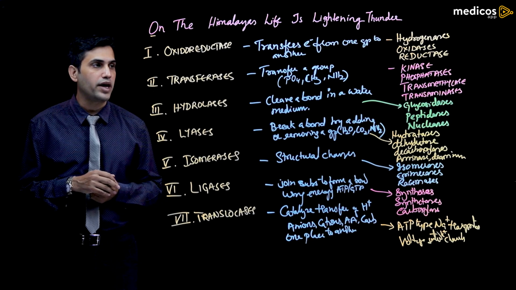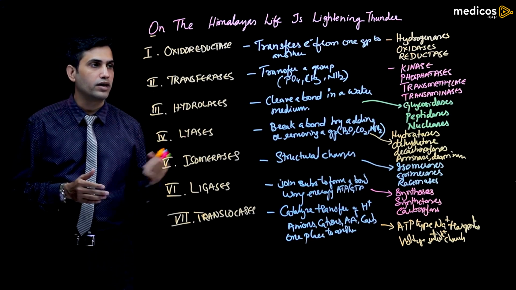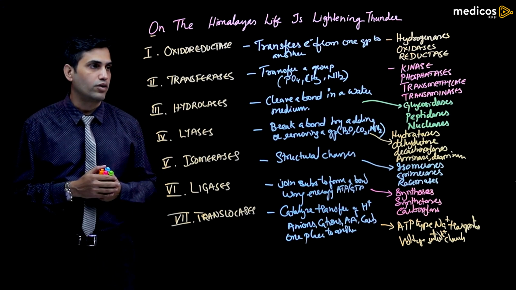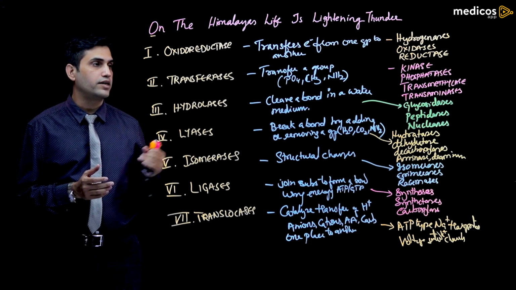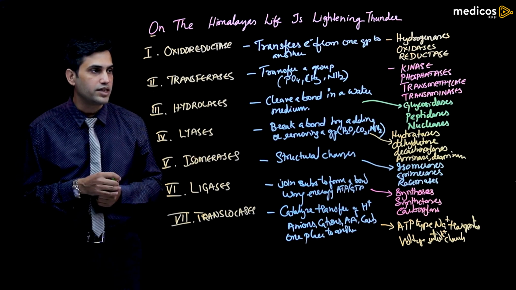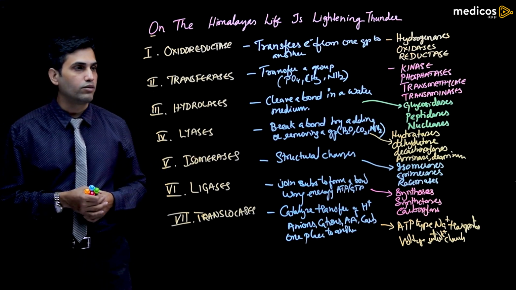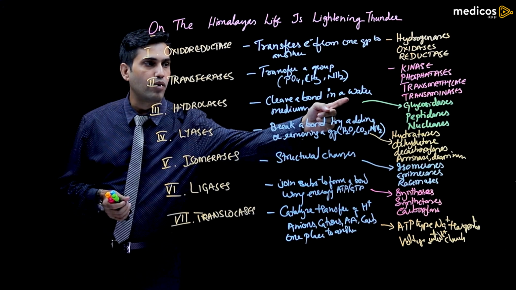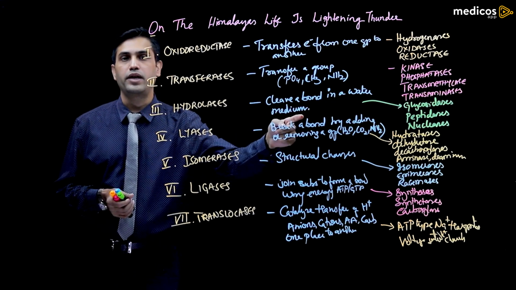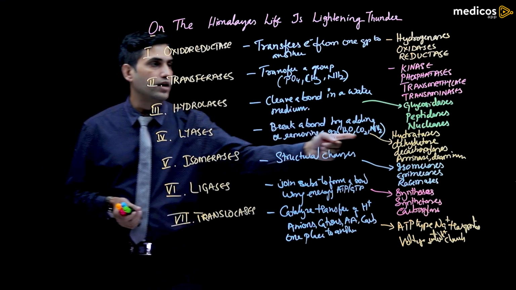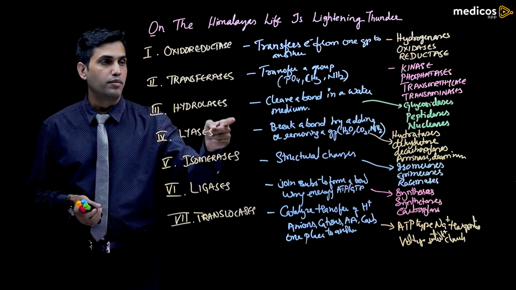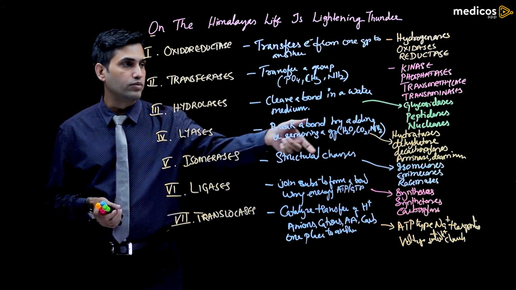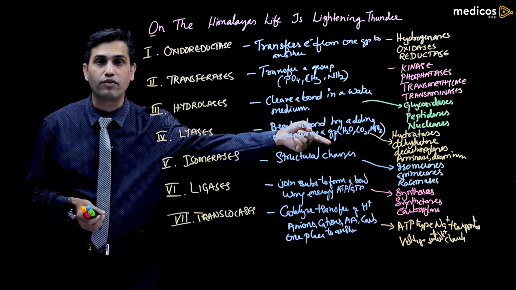Next, lyases, they break a bond by adding or removing a group, that is it can be either water, carbon dioxide, ammonia. Examples are hydratases, dehydratases, decarboxylases, aminases, deaminases. Now you may have a doubt, hydrolases cleave a bond in a water medium. Here hydratases and dehydratases, they are lyases, not hydrolases, but in both places you will find water.